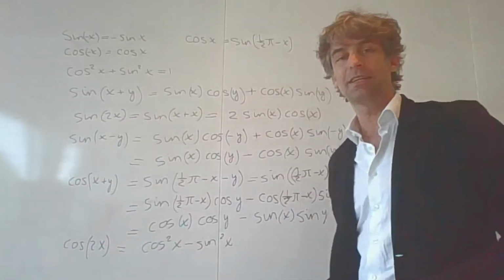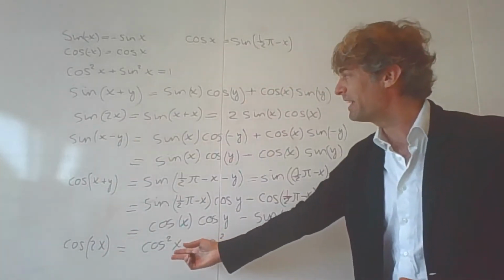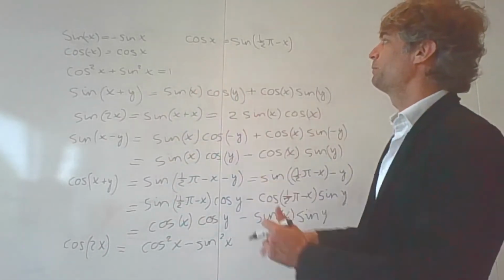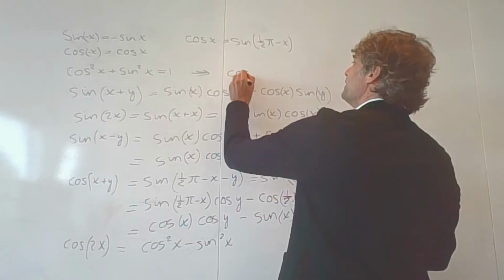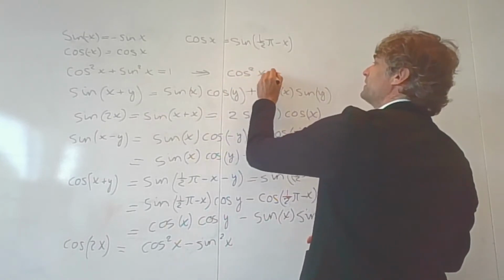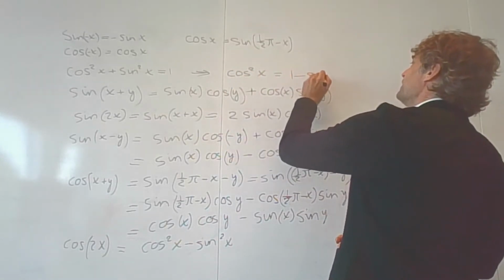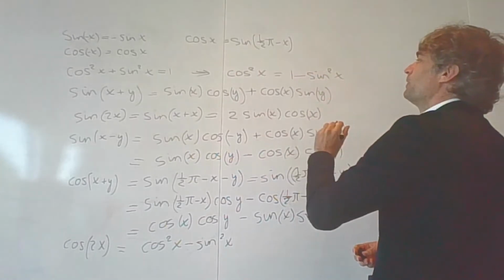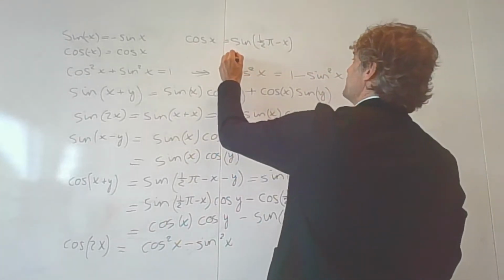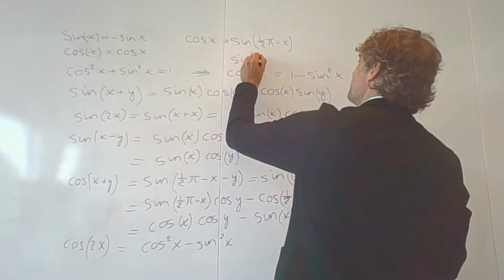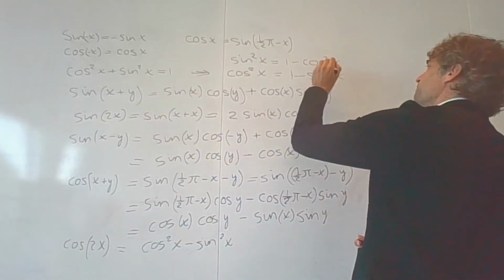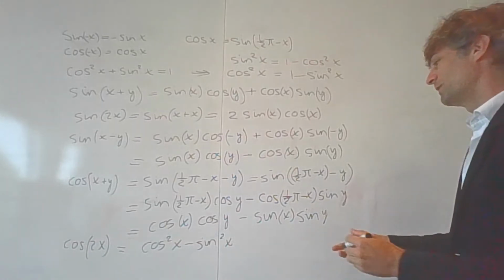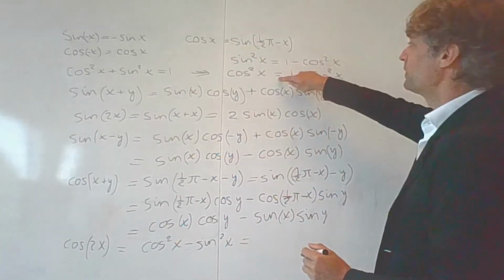But for the cosine, there are a few more forms, because this could be rewritten as cosine squared of x is equal to 1 minus the sine squared of x. Or even, if you want, you could also write that sine squared of x is 1 minus the cosine squared. And so what do you get if you use the second one here?